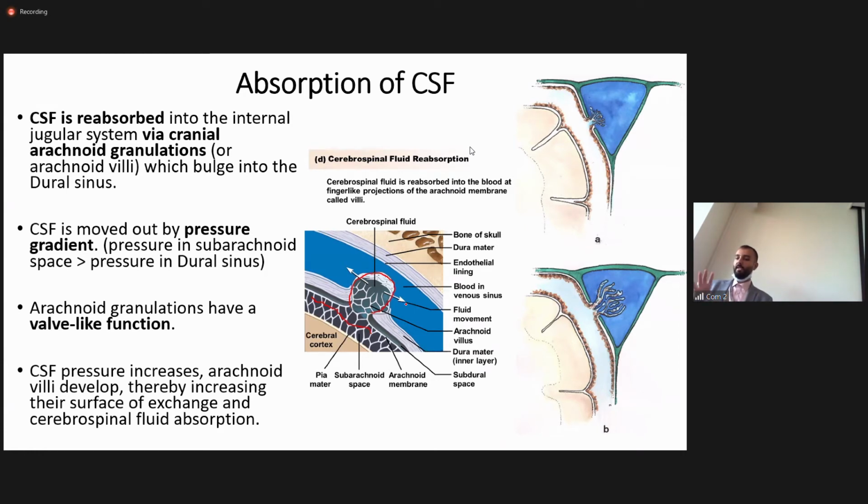And so with these arachnoid granulations, when there is an increased pressure within the subarachnoid space, they will increase their surface area to allow more CSF to exit into the dural sinus, okay? What else? Also, the arachnoid granulations act like a valve. So it prevents CSF in the sinus from going back into the subarachnoid space, okay?